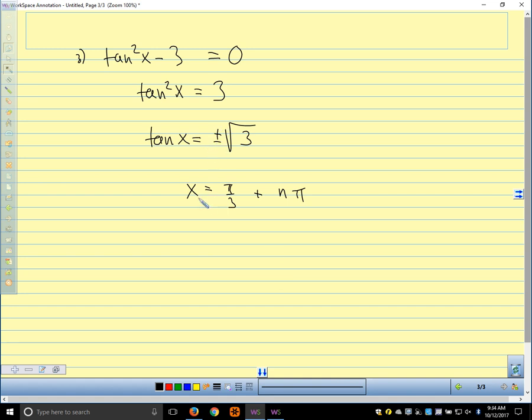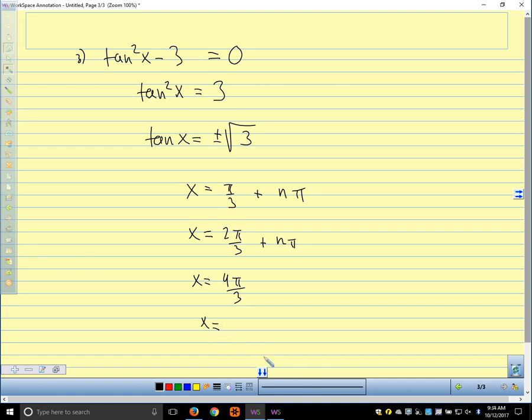So what are our other possible angles? Don't we get all the pi thirds angles for our tangent, where our tangent is plus or minus the square root of 3? So I could say x equals 2 pi over 3 plus n pi. What's our next one? 4 pi over 3.